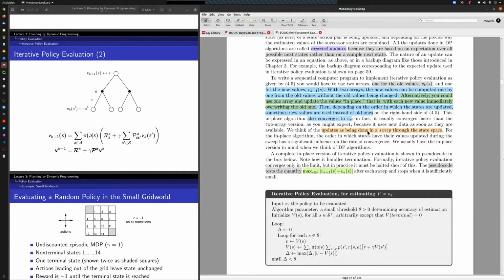So this is a whole sweep through the state space that we do in order to iterate through the states to ensure some kind of coverage in the end.